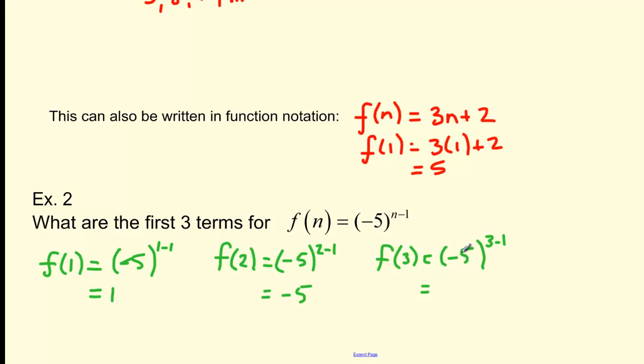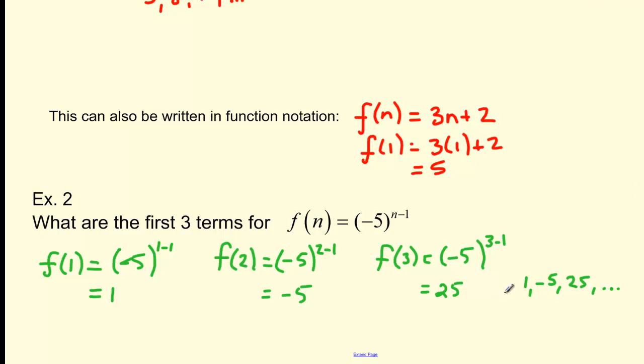The entire -5 is squared, so because a negative times negative is positive, we get positive 25.